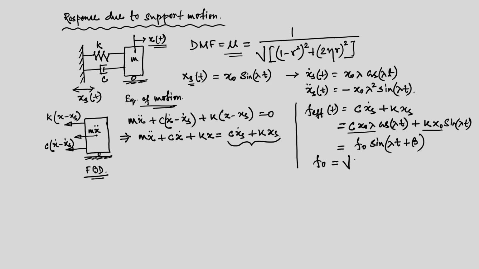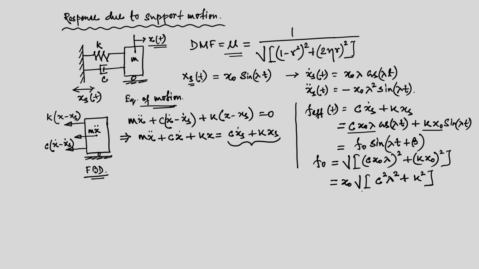F naught will be the square root of c x naught lambda whole square plus k x naught whole square. Then we can further simplify: take x naught out, and inside we will have c square lambda square plus k square.